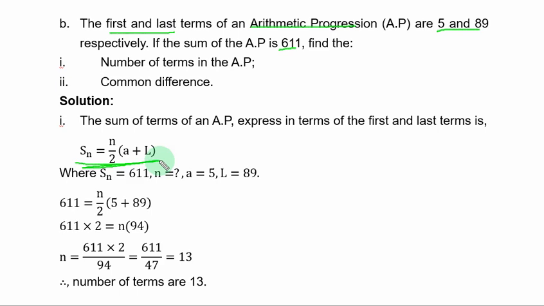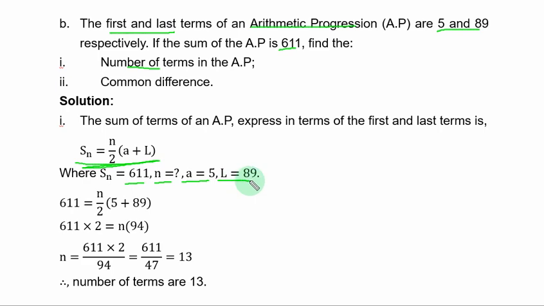You are asked to find n, the number of terms, and the sum of n terms is 611. n is unknown. The first term is 5, last term is 89.